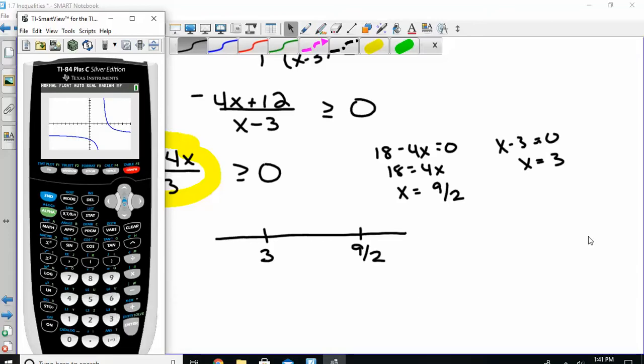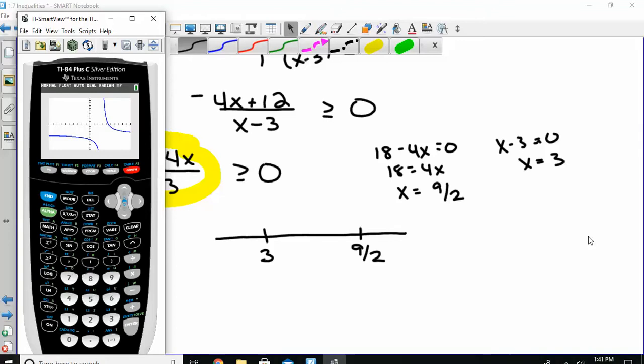Okay, so we see 3 and 9/2, or 4.5, are the two breaking points. So before my 3, my graph was negative. After my 3, positive, and then after my 9/2, it went negative again.